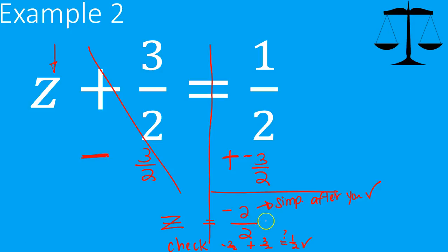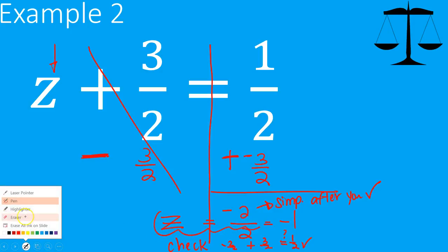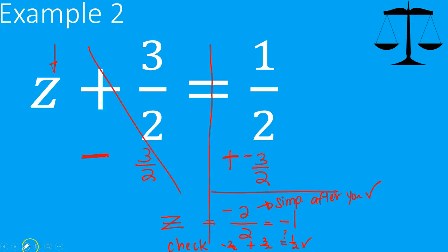Negative 2 divided by 2 is 1, so we get negative 1. So z equals negative 1. If you have space, you can actually just write it below. You could write z equals negative 1.